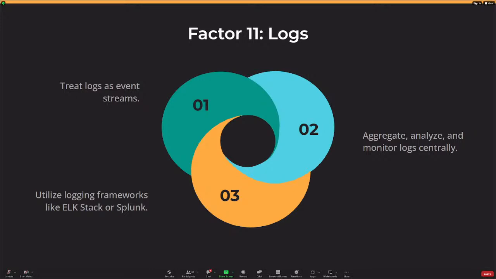What this factor, admin processes, of the 12 factor app methodology and cloud native environment says is to run admin tasks as one-off processes.